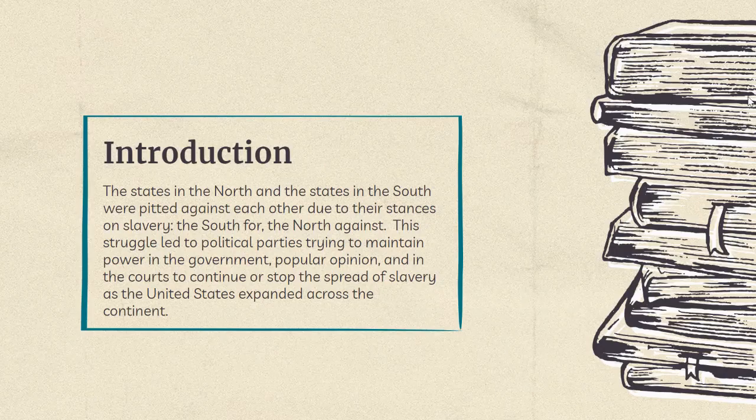This struggle led to political parties trying to maintain power in the government, popular opinion, and in the courts to continue or stop the spread of slavery as the United States expanded across the continent. One of the things that is alluded to but not specifically mentioned is that the United States is still growing during the 1850s, and there are a number of territories that are created this time or will be created in the future, and then those territories eventually become states.